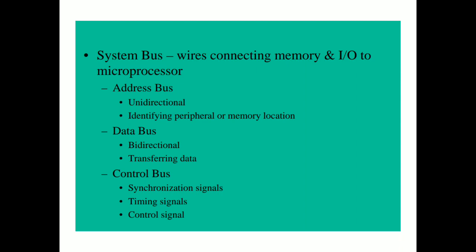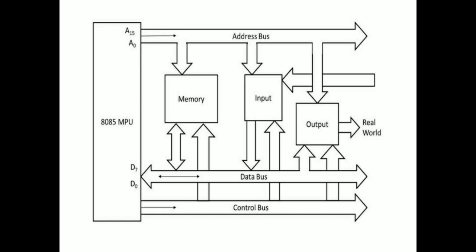So coming to the buses, the next is data bus. The data bus is bidirectional. It is used to transfer data, for example opcodes, operands, etc., between the processor, memory, and input-output devices. The data bus within the microprocessor is called internal data bus, whereas data bus outside the microprocessor is called external data bus.